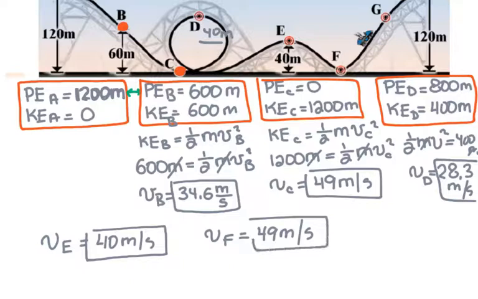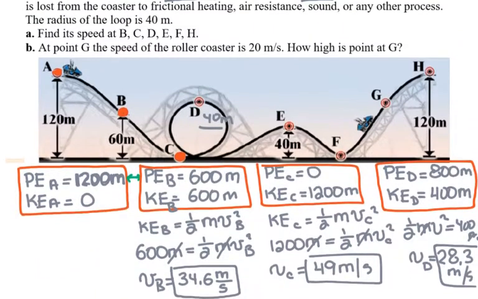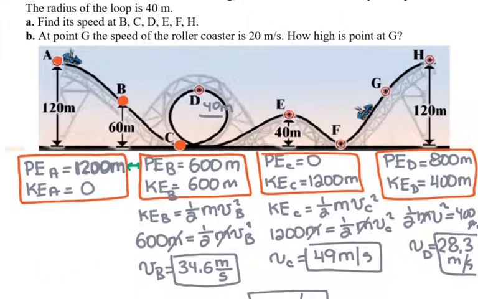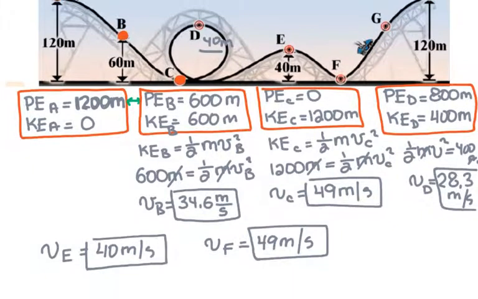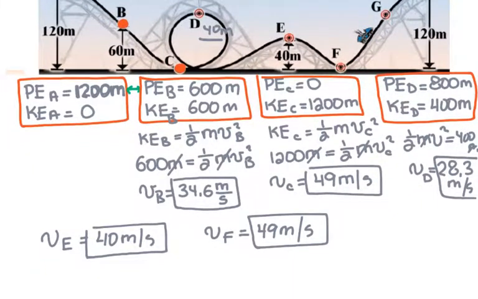And then they want you to find the height. I'm going to do the G part. They want you to find the height at G, and they tell you that at G, the velocity is 20 meters per second. So if the velocity is 20 meters per second at G, then the kinetic energy at G is 1/2 the mass times velocity squared. That's 400 divided by 2, that's 200 m.